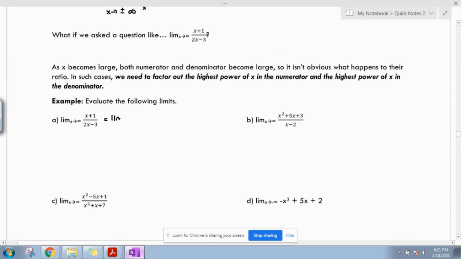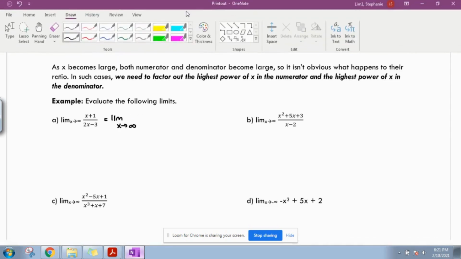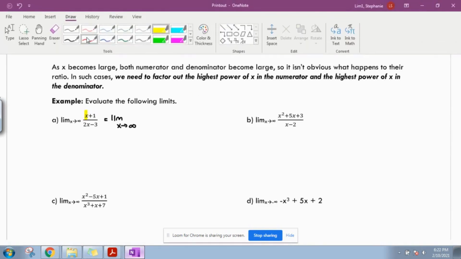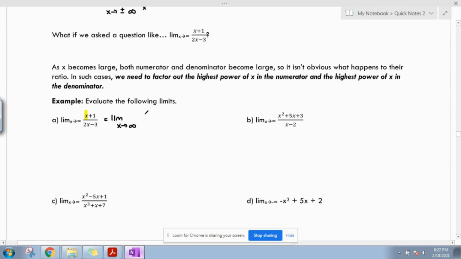So I'm going to do the limit as x approaches infinity. Now, if I take a look at my numerator, the x with the highest power is just x. So I'm going to factor that out, and I'm going to end up with 1 plus 1 over x. That's normal here, okay? That's actually going to come in handy for us later.